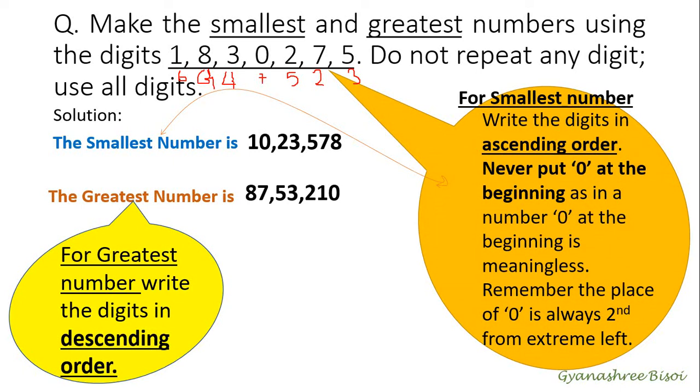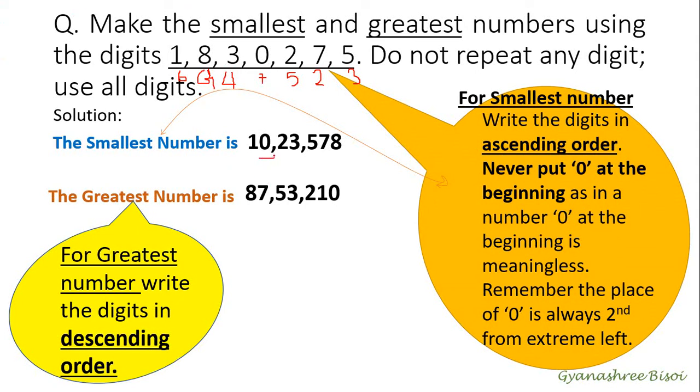So point number 1, while forming the smallest number, we need to write it in ascending order, means increasing order from left to right. And if 0 is there, then 0's place will always be the second place from extreme left. Look at here how we have written like this.